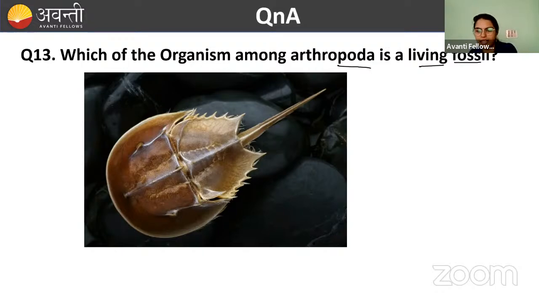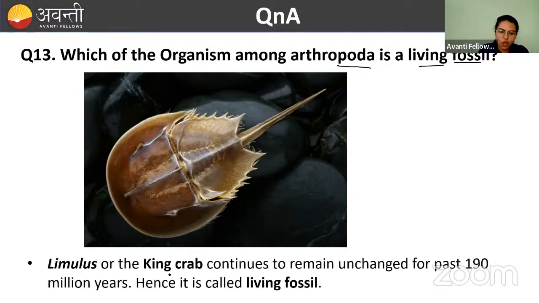So, yeah. So limulus or the king crab continues to remain unchanged for the past 190 million years. देखो बेटा, evolution एक word होता है जिससे there are changes occurring constantly from centuries to centuries. मतलब जैसे आप देखते जाओगे कुछ ना कुछ change हुआ होगा उनके morphology में, उनके structure में.